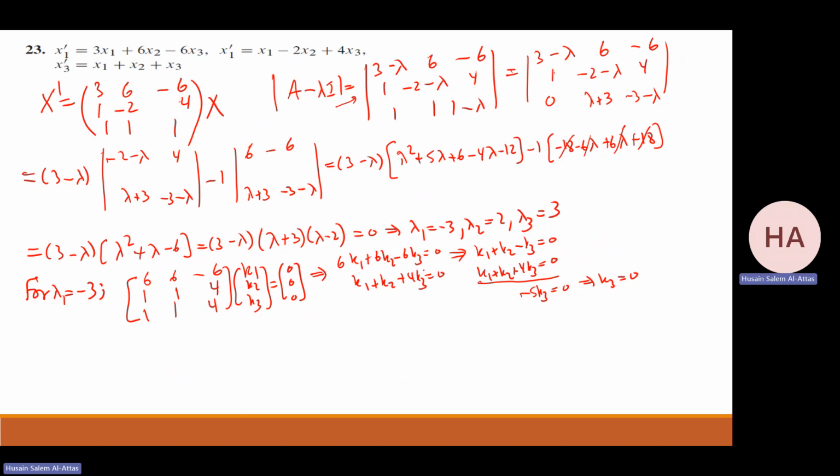These two equations are the same. So I have k1 equal minus k2. So I let k2 be -1, k1 will be 1. So the answer V1 will be 1, -1, 0. That will be V1.